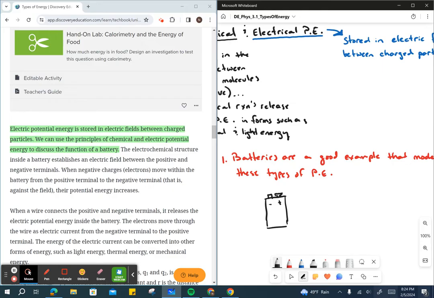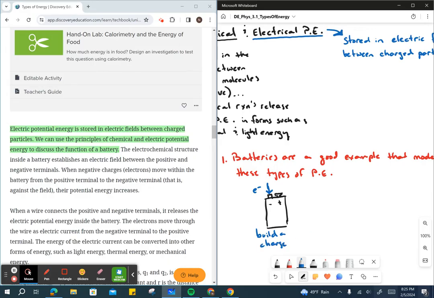And you can charge your battery by forcing electrons against their gradient into the negative terminal, and you can build a charge.